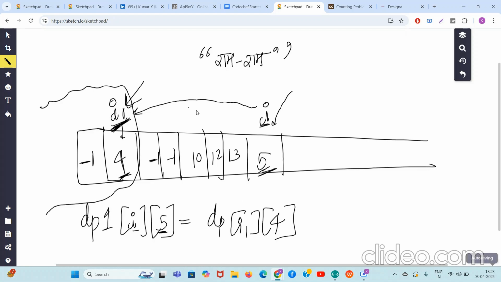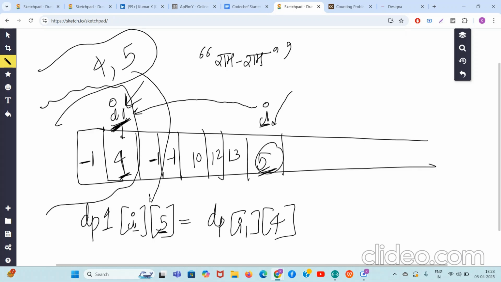All those sequences, when you join with 5, will be valid increasing sequences ending at index I with number 5. So dp1 I 5 is nothing but dp I-1 4.